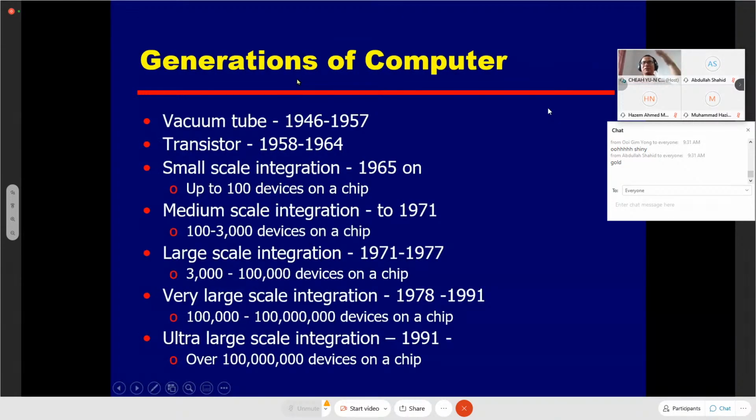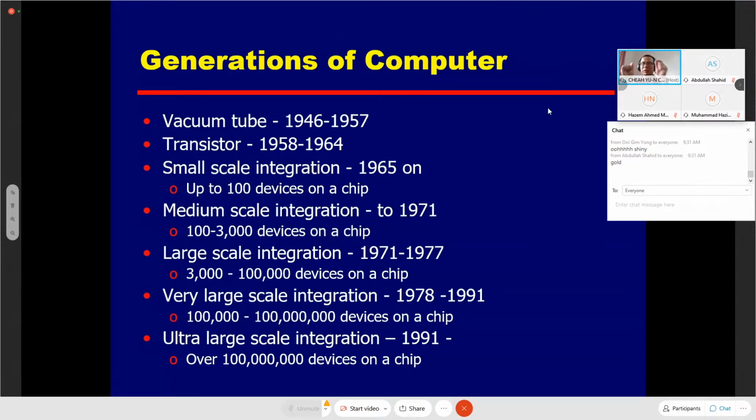So we have seen from the vacuum tube we started off, all the way to different scales of integration. From vacuum tube to transistors to small scale integration, then up to now, we have ultra large scale integration, which has hundreds of millions of devices on that chip.